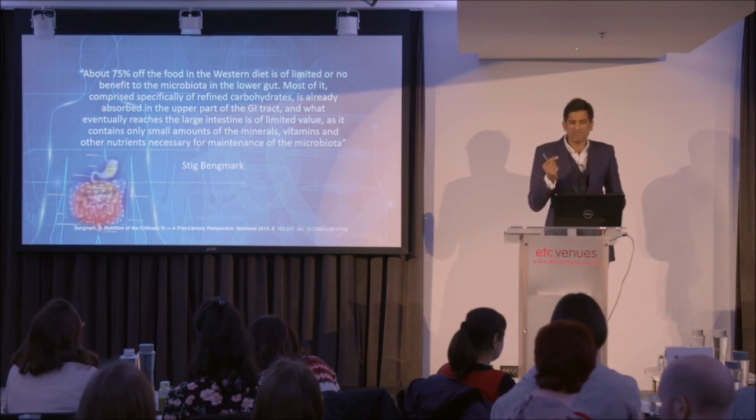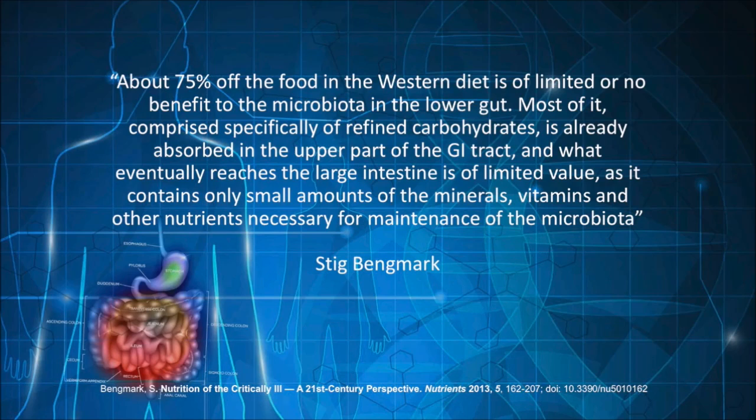So 75% has no value to our gut bugs. Most of it, comprised specifically of refined carbohydrates, is already absorbed in the upper part of your GI tract. What eventually reaches the large intestine is of limited value, as it only contains small amounts of the minerals, vitamins, and nutrients necessary for maintenance of the microbiota.